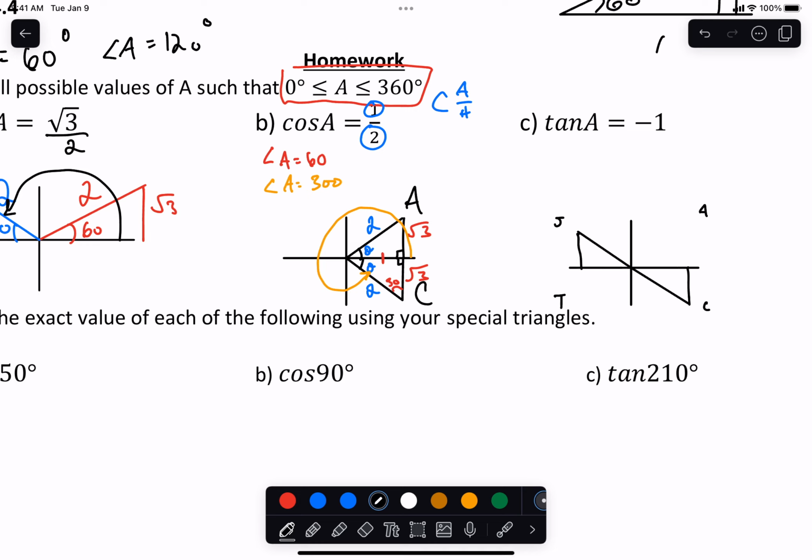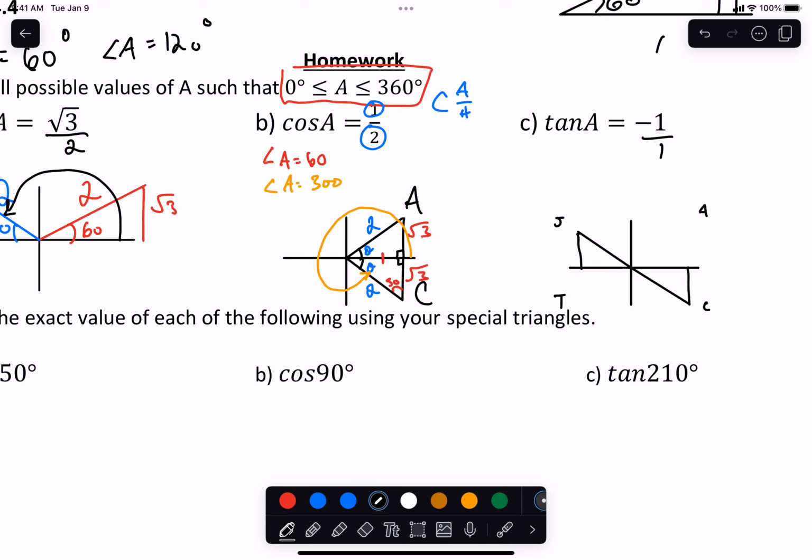Now, how can I get a trig ratio of -1? Which triangle would that come from? Keep in mind, I can always divide something by 1, right? Which one is that? 45.